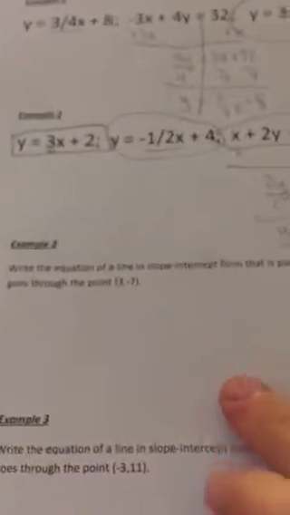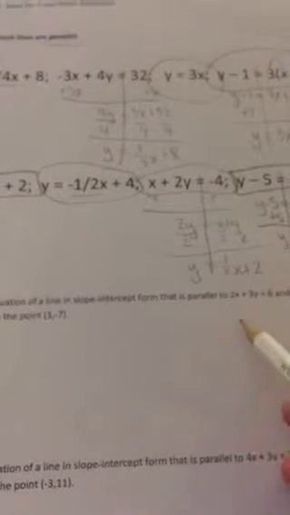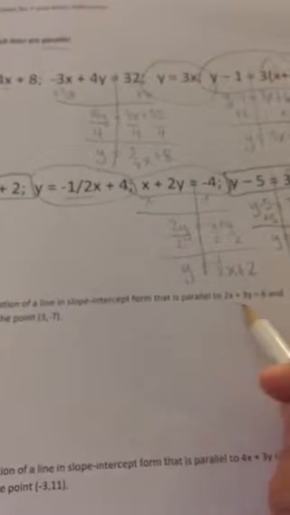And then along those same lines, on example 3, it says, write the equation of a line in slope-intercept form that is parallel to 2x plus 3y equals 6 and goes through the point (3, negative 7). So I have to figure out the slope of this one because it would need to be parallel.